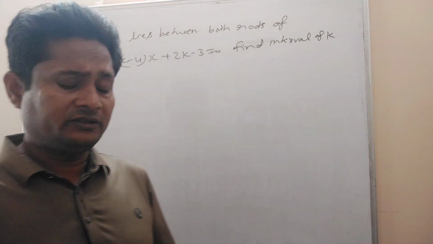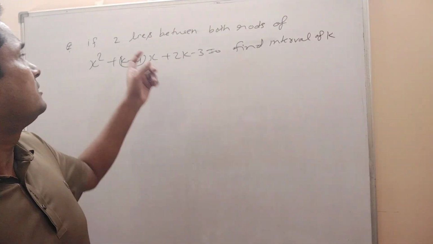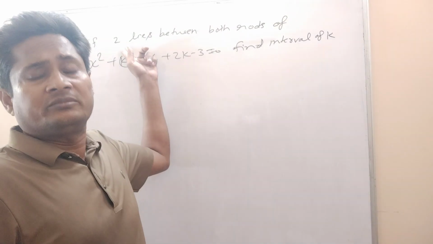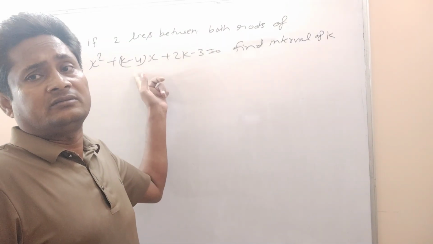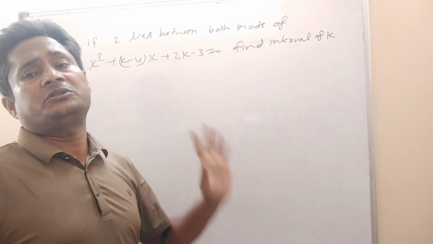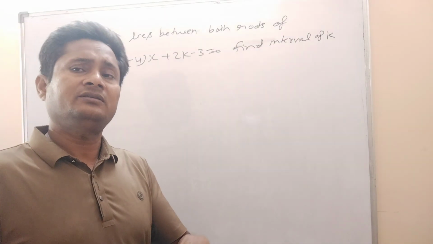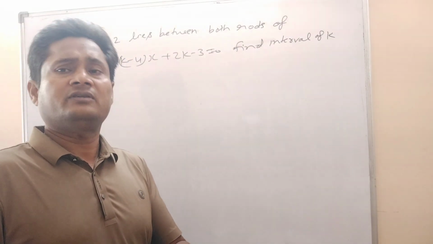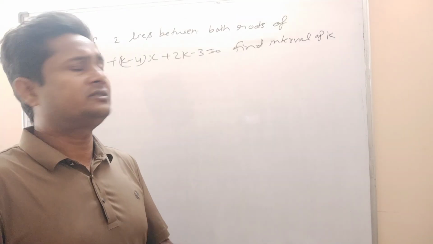In the question it is saying that 2 is a number which lies between both the roots of this equation. Then we have to find interval of k which it lies.